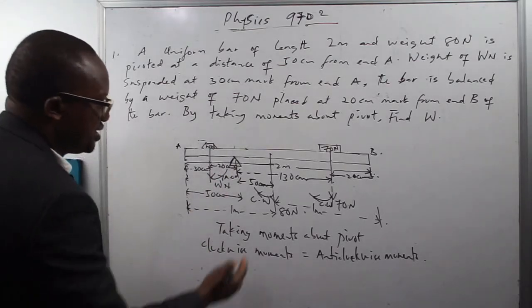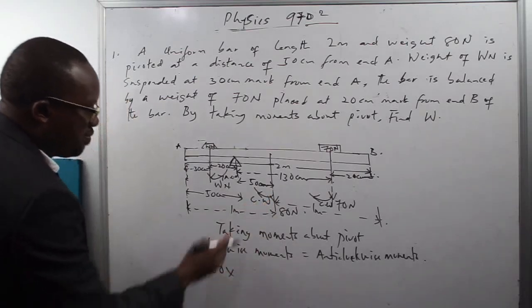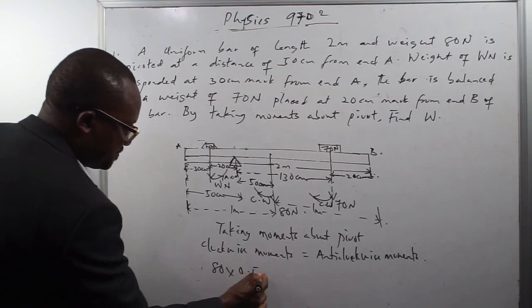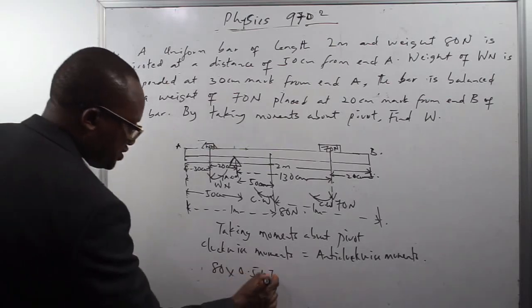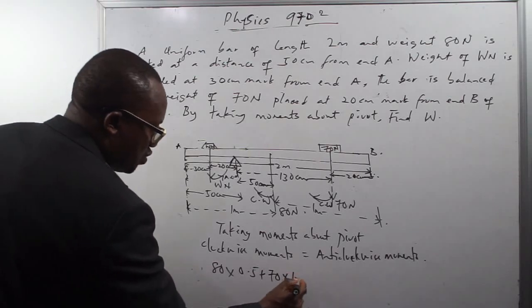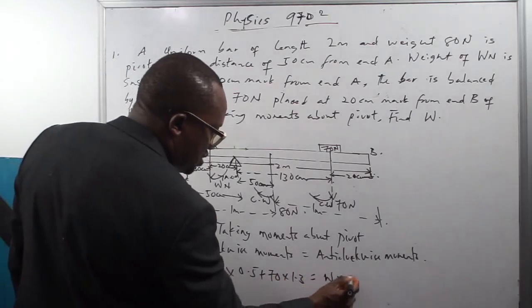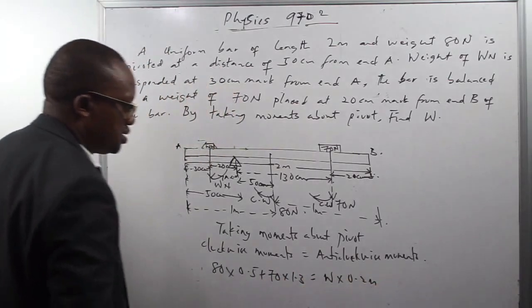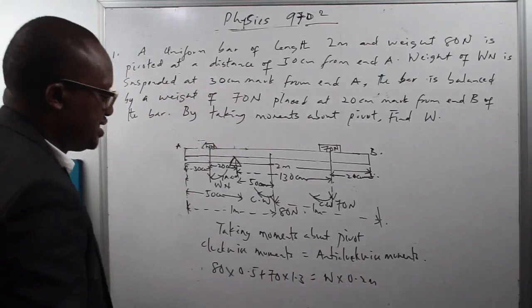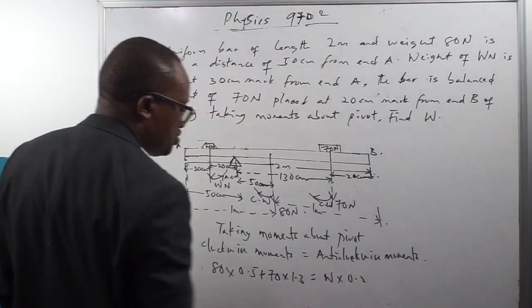So the clockwise moment will be, first one is 80 multiplied by 0.5 meters plus 70 multiplied by 1.3 meters is equal to W multiplied by 0.2 meters. I could as well have left the distance in centimeters because I'm not solving for distance. So centimeters is on both sides and cancels out.